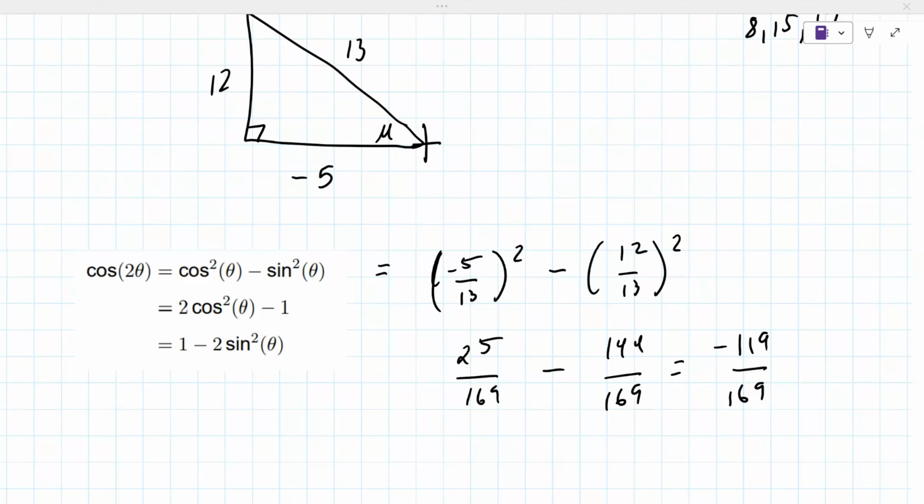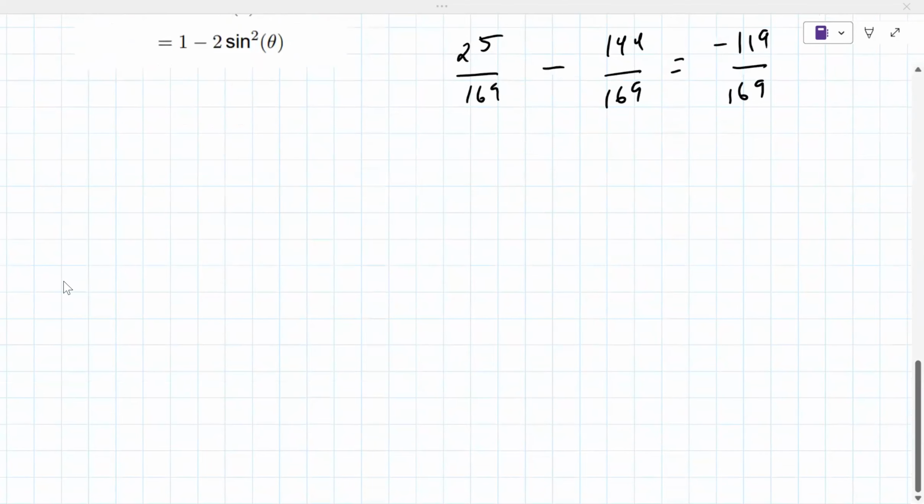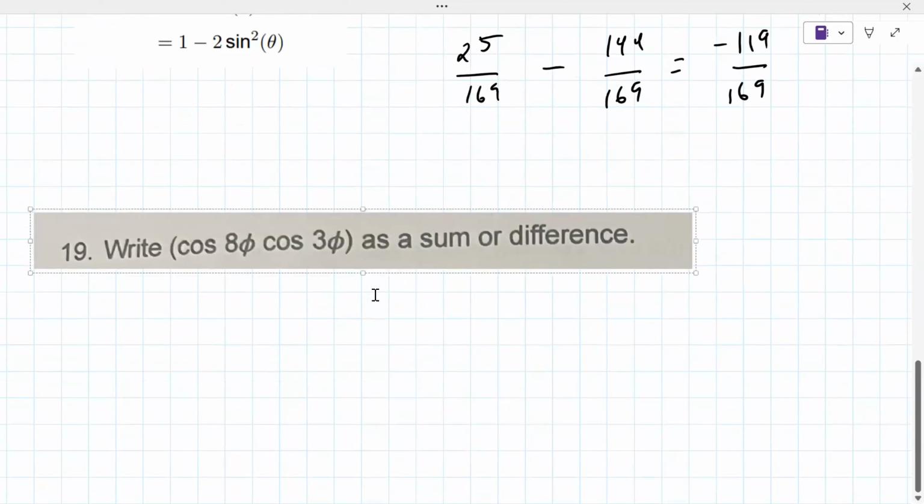All right, on to 19 now. So cosine 8 theta, cosine 3 theta. If you go to your reference sheet, the thing that I'm not sure about is that sometimes they give you more information about how they want it.